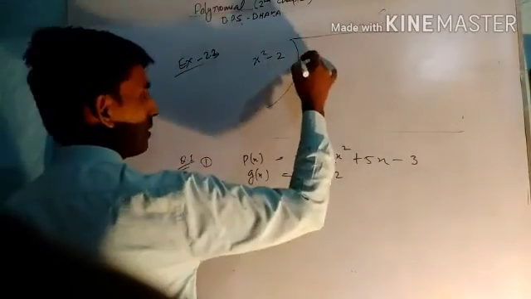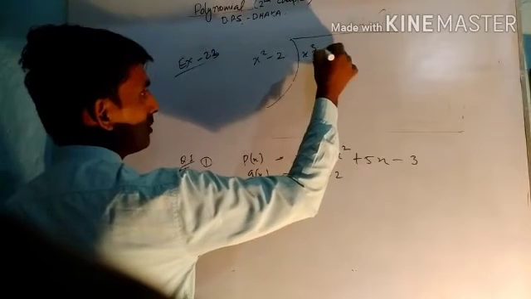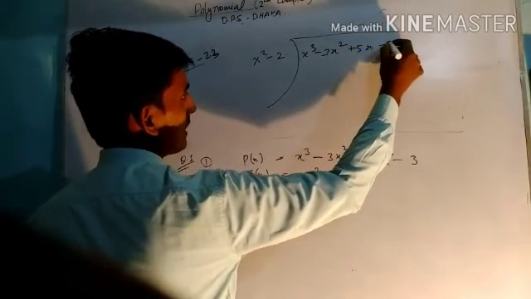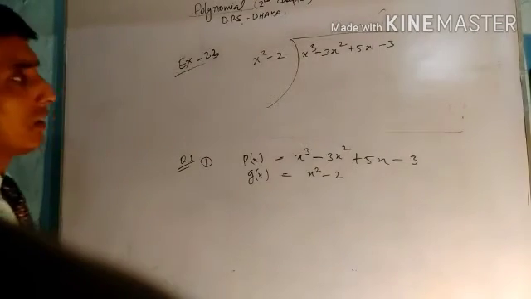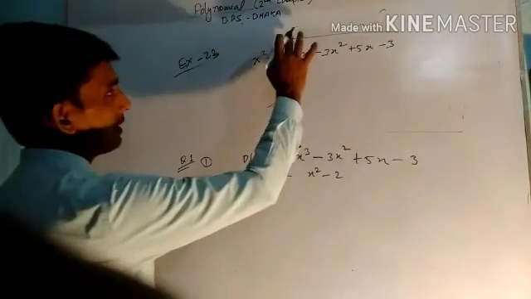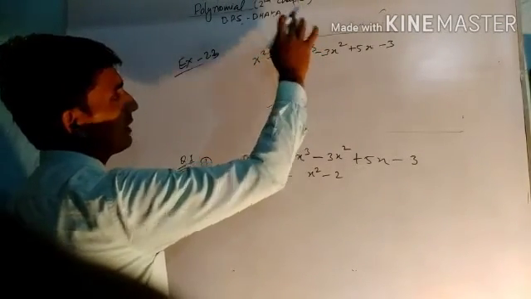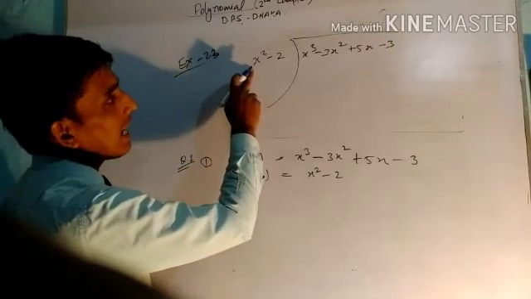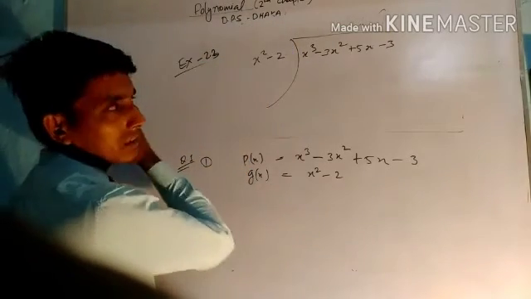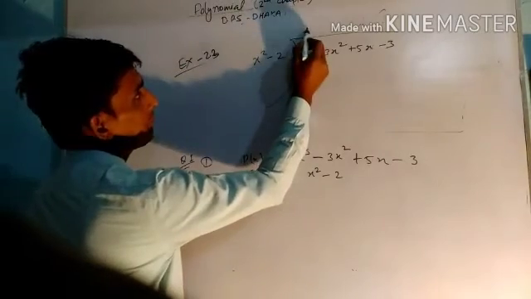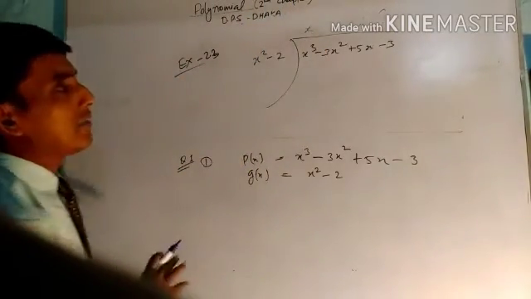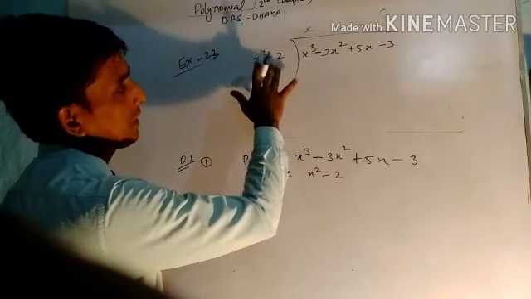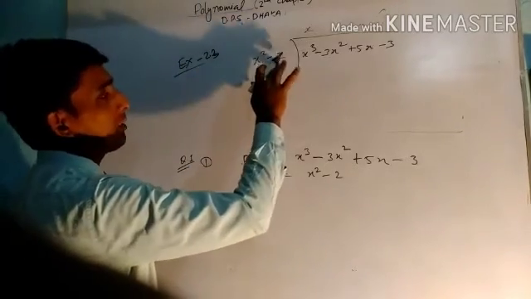So our dividend polynomial is x cube minus 3x square plus 5x minus 3. We put a variable here such that if you multiply with this x square, you will get this x cube. So if we place x here, we only think about the first term, we do not worry about the second.